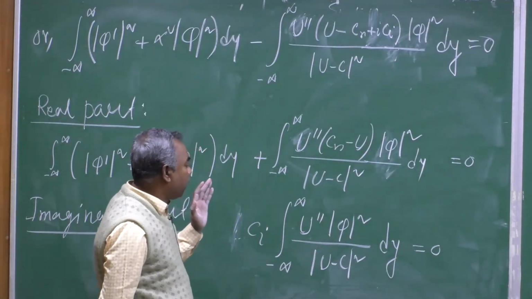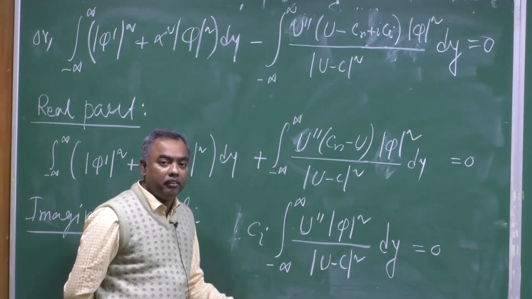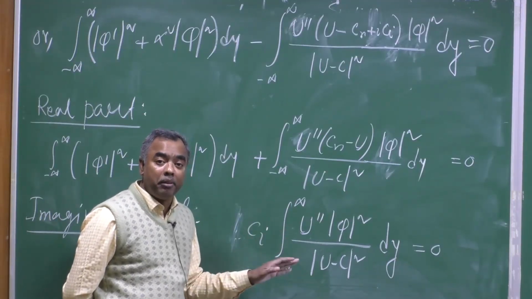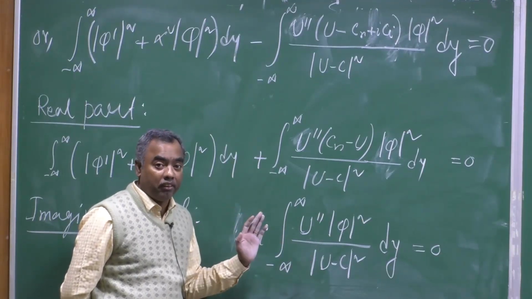Rayleigh pointed out that it is necessary for instability that the velocity profile has a point of inflection.